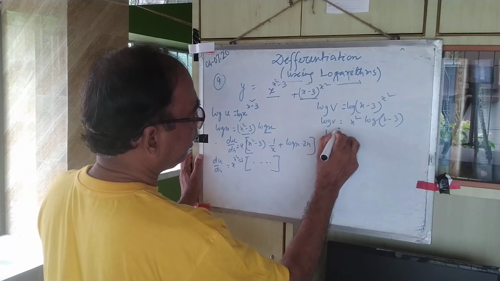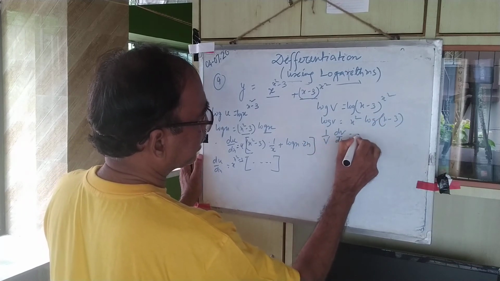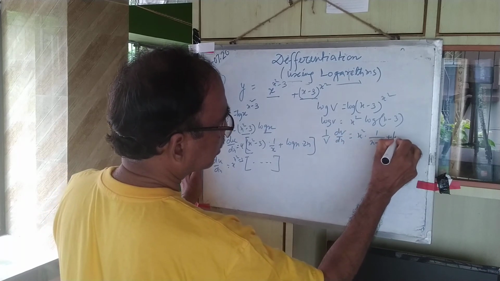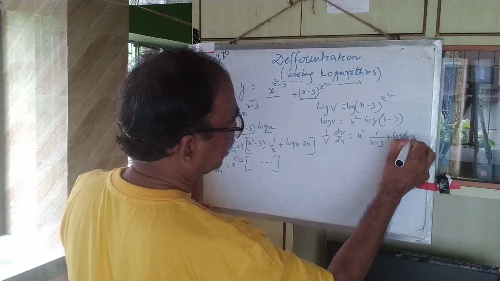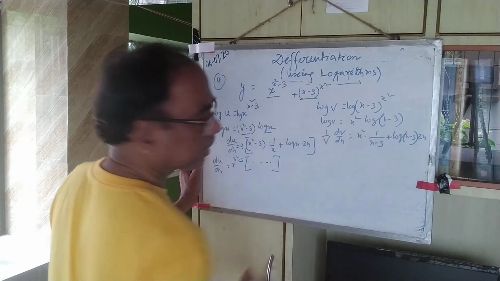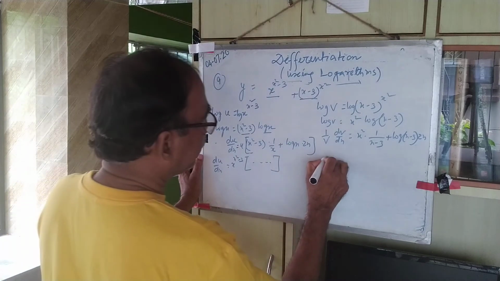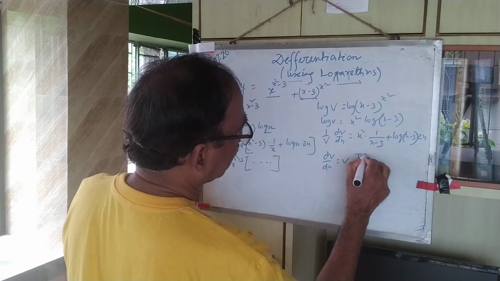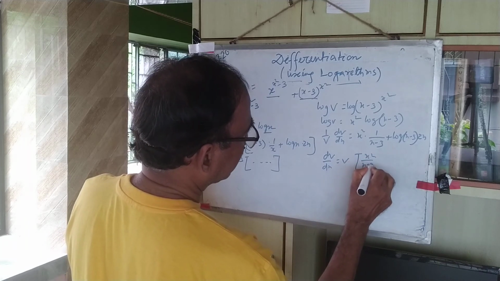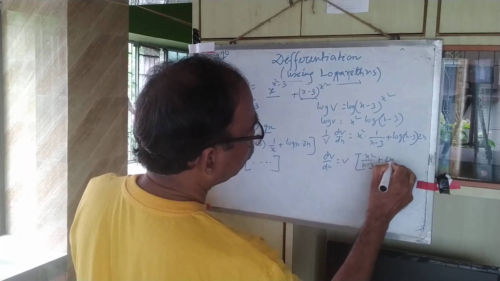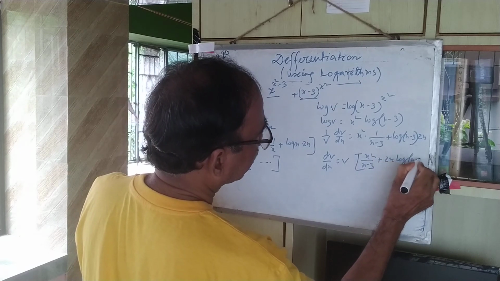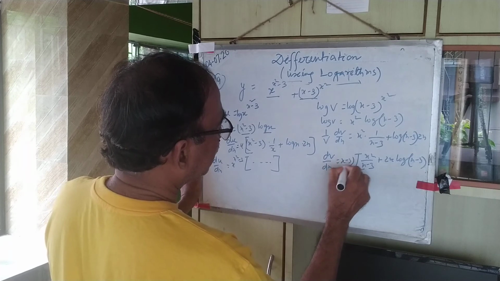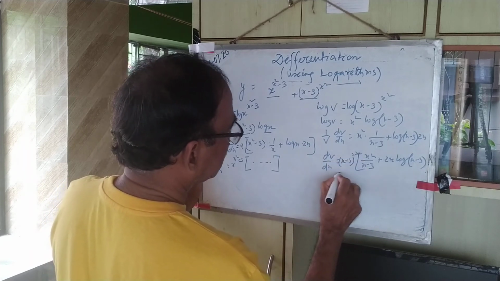That means 1 by v dv by dx: x square is constant, 1 by (x minus 3), plus log of (x minus 3) constant into the derivative of x square, which is 2x. Then dv by dx equals v into [x square by (x minus 3) plus 2x log of (x minus 3)]. And v is (x minus 3) to the power x square. This is dv by dx.